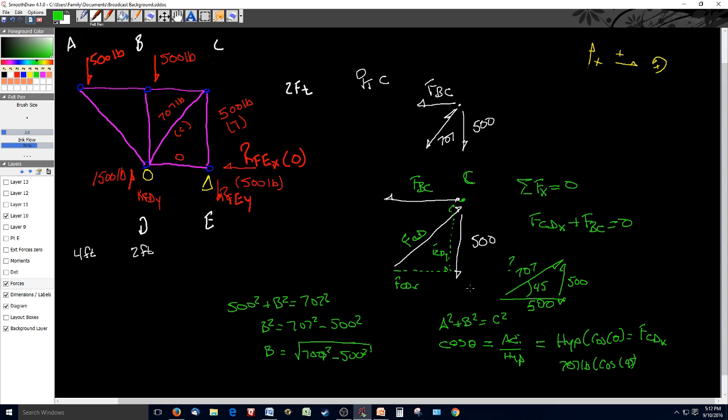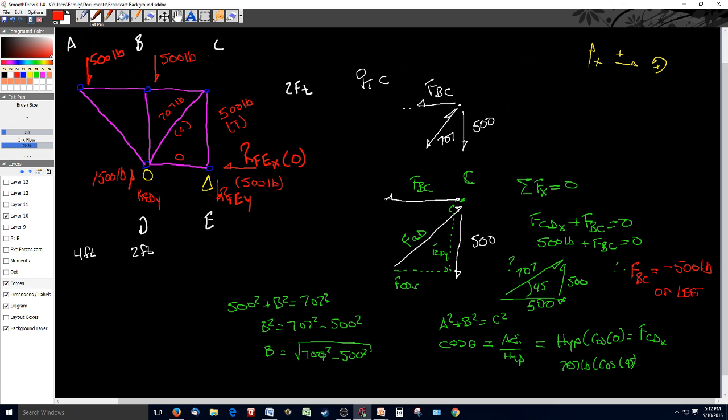So why did we do all that? Well, we've come back up here and we just said that this is 500 pounds plus FBC equals 0. Therefore, FBC has to equal minus 500 pounds, or left.